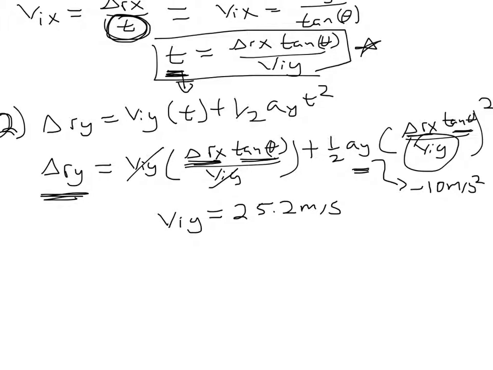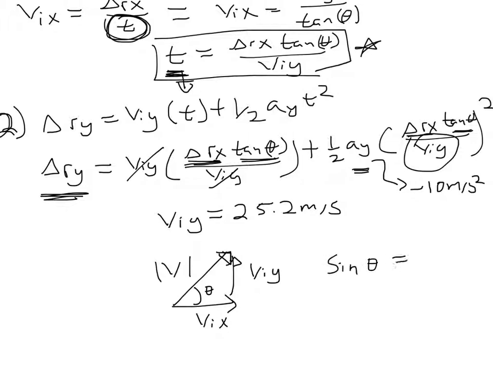And the last and final step is to find the resultant velocity. The easiest way to solve for this resultant velocity is we can draw our right-hand triangle again, and we'll note that this is the initial velocity in y, this is the initial velocity in x, and this is the angle theta. We know that the sine of angle theta is going to equal the opposite side of the triangle divided by the hypotenuse of the triangle, or in other words, the sine of 46 degrees will equal the initial velocity in y divided by the resultant velocity.